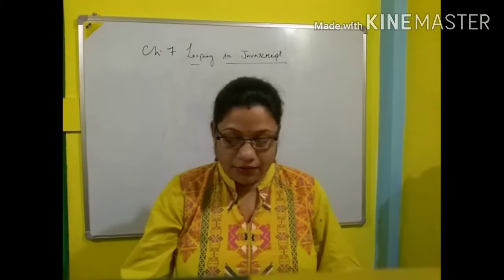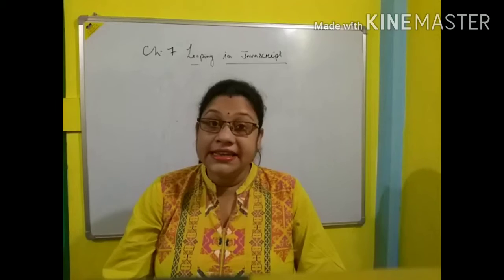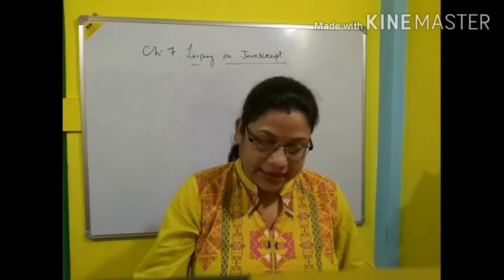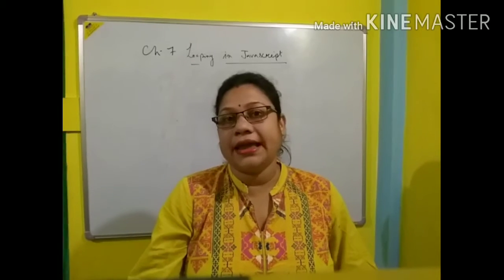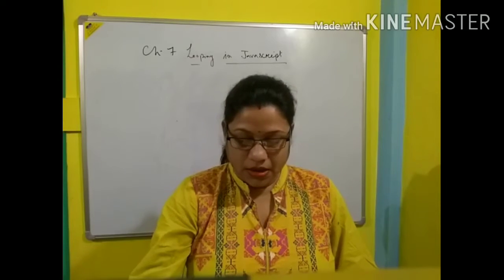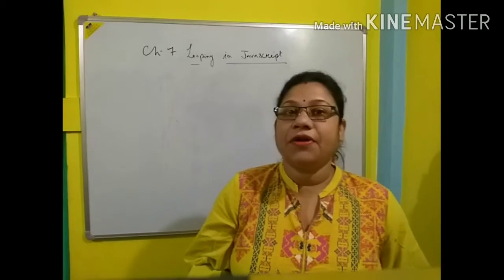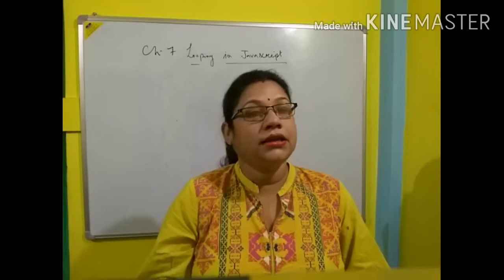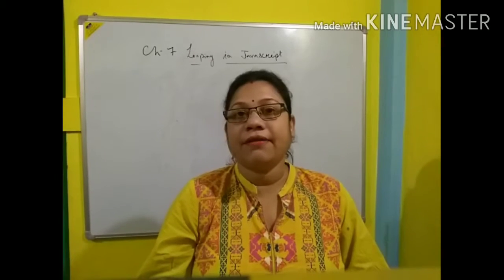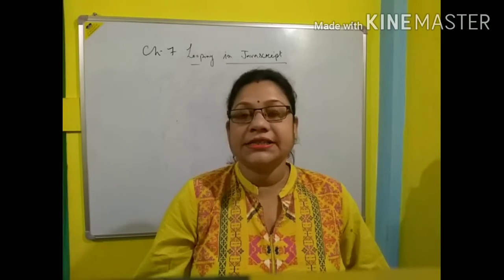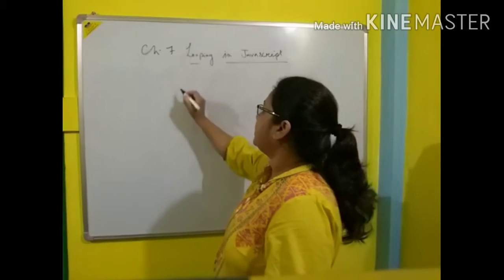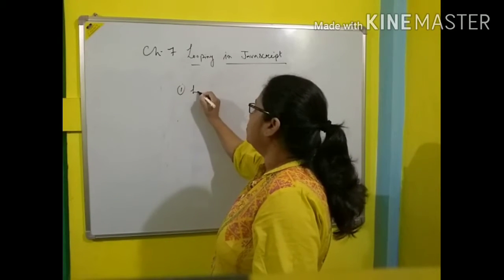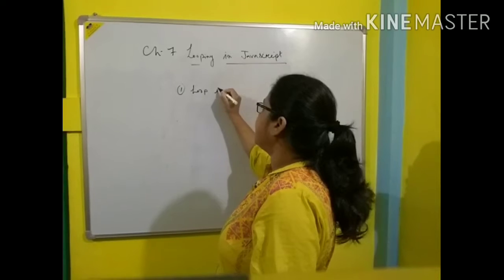A loop comprises 3 statements: initialization, condition, and increment or decrement. So whenever you are going to use the loop technique in your program, you have to follow 3 statements. The first one is loop initialization.